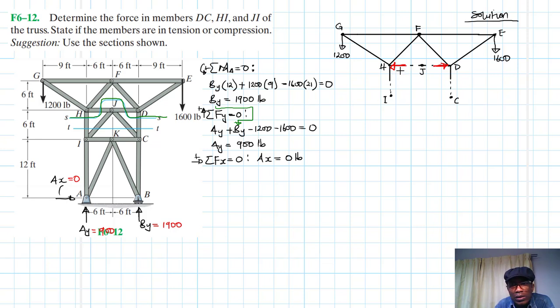This is HJ. Let's say this is HJ, and this is DJ. Okay, and let's say this one is in compression also, and this is HI. Okay, let's assume this also to be in compression, and this DC.